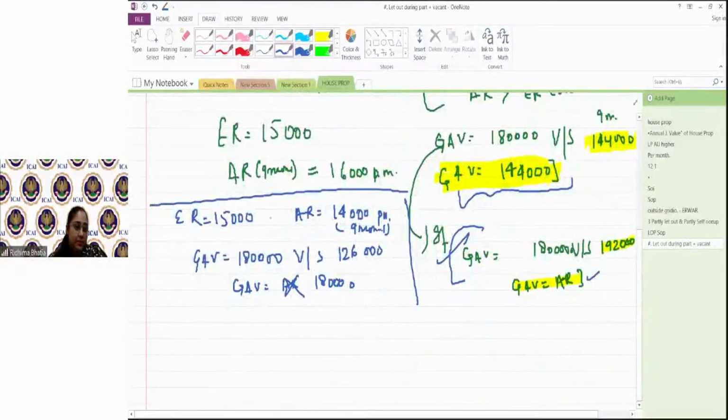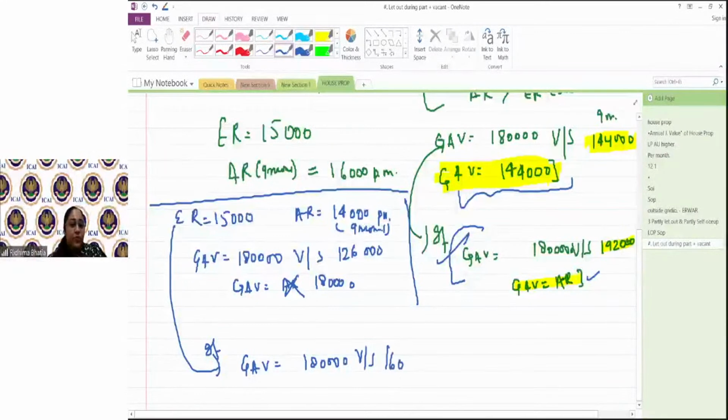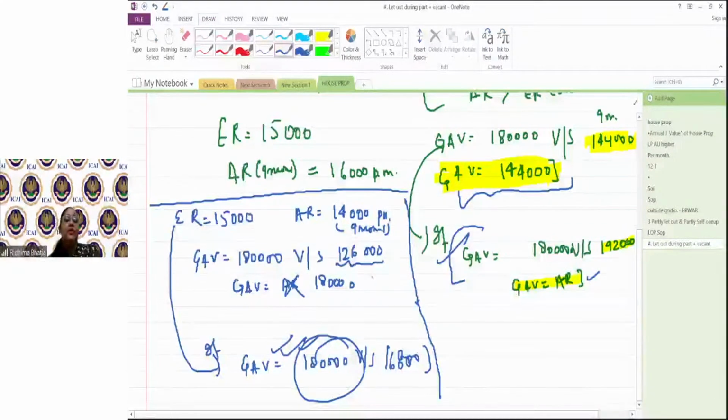Why? Because, my friends, if I had taken the actual rent for the entire year also, then also, if the let out property was for the entire year, my gross annual value would have been 180, right? Then also my gross annual value would have been 180, which is equal to the expected rent. So it is not lower because of vacancy. Otherwise also, if I had taken my actual rent for the entire year, the gross annual value would have been the expected rent. Correct?